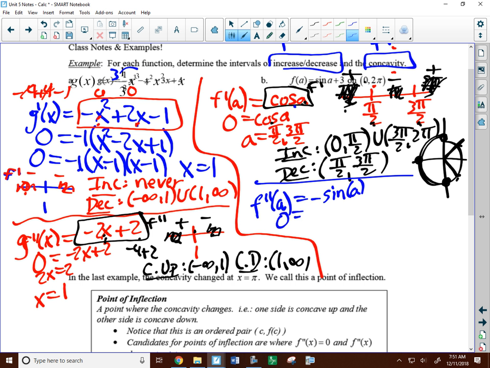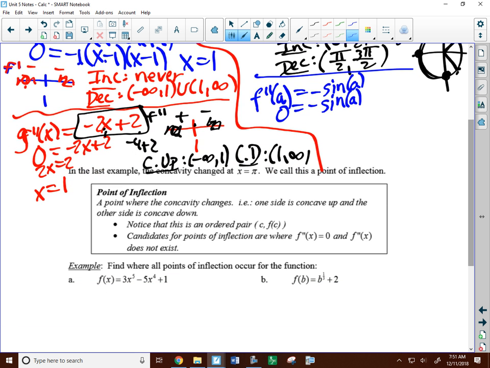Set it equal to 0, and then I'll take one step to divide both sides by -1. So 0 equals sine. I just divided both sides by -1 to get rid of the negative sign.